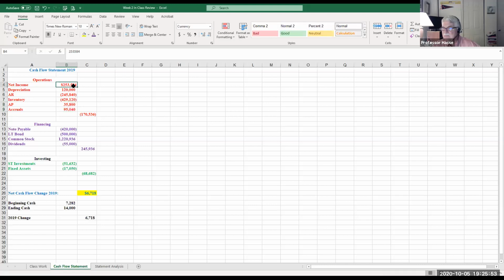Net income, cash coming in. Depreciation, cash coming in. Increase in receivables and inventory, cash going out. Increases in accounts payable and accruals, cash coming in. The net effect of all those: negative $170,536.